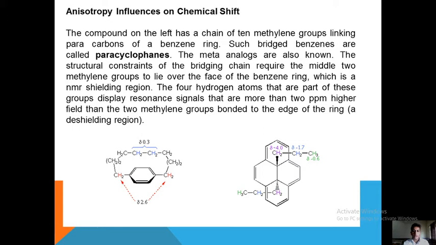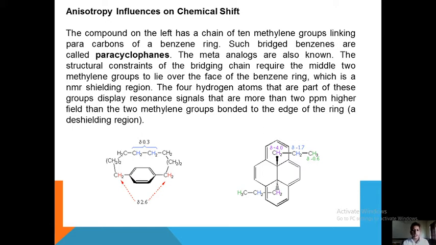The four hydrogen atoms that are part of this display resonance signals more than 2 ppm higher field than the two methylene groups bonded to the edge of the ring, which is the de-shielding region.